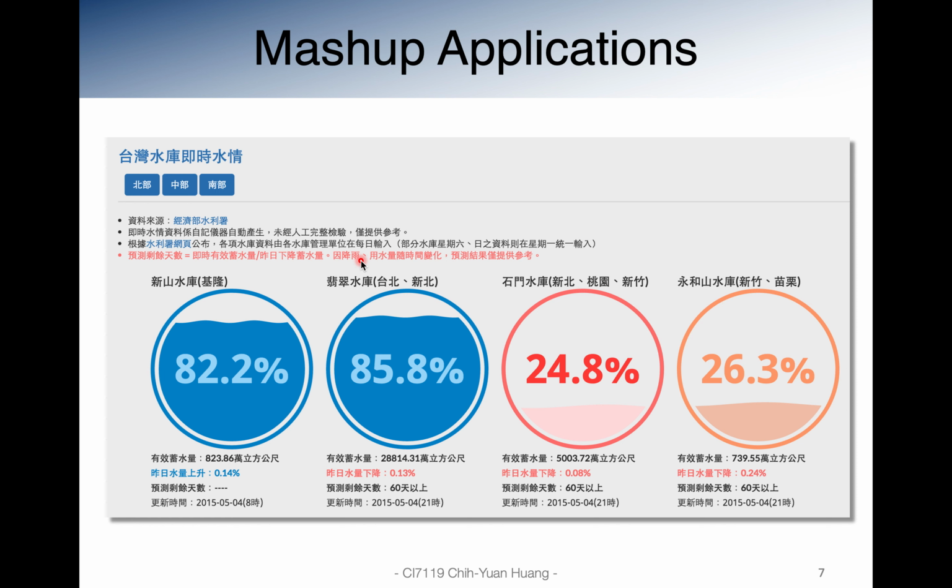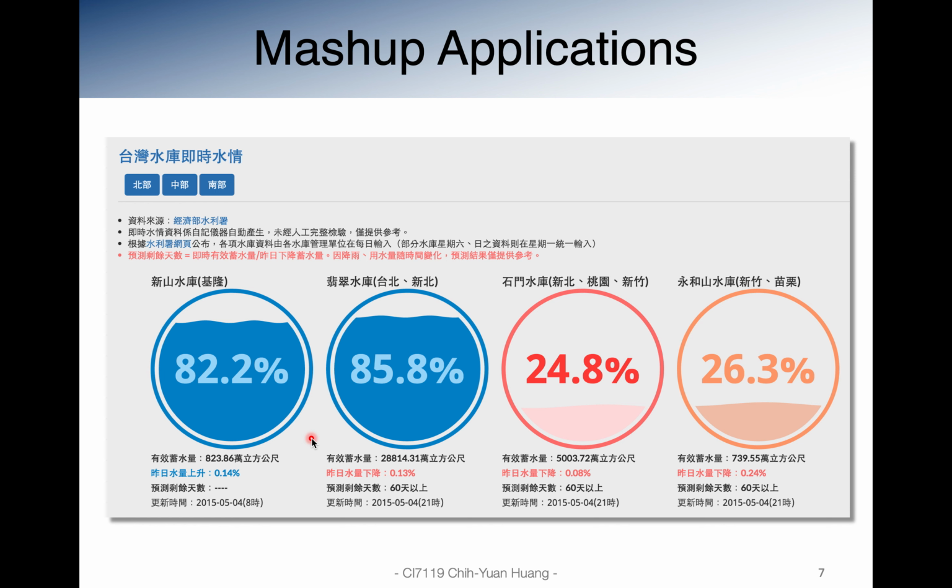For example, from the Water Resources Agency in Taiwan, we can find the water level of different reservoirs. From those open data, some people can create visualization tools for you to easily and intuitively find out the water height of different reservoirs, and to understand our current water resources condition.